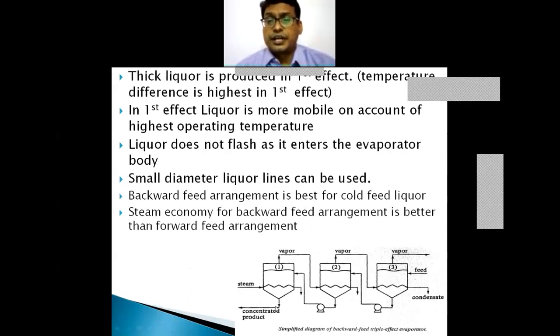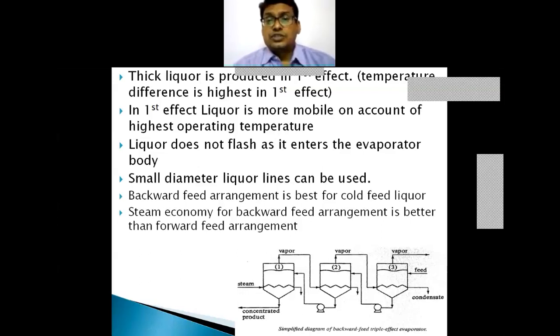So the concentrated liquor is formed in the first effect, where the temperature difference is the highest. Why? Because the fresh steam that is used here is at the highest temperature, so the temperature difference will be the highest in this first effect.